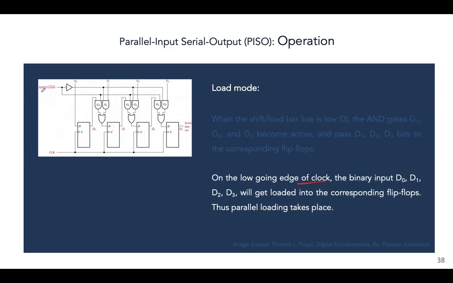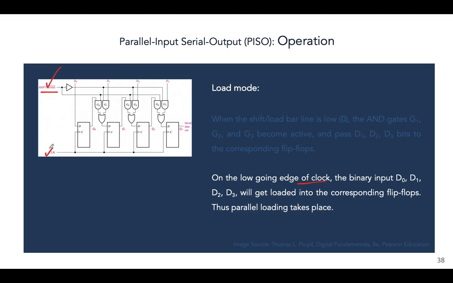And this is where this works in association with the clock pulse. It's very, very important to understand. There's a difference between saying that bits pass to the flip-flops and saying that the bits are loaded into the flip-flops. The passing to the flip-flops is controlled by this line, but the actual loading of the bits into the register, into the flip-flops, is controlled by the clock.